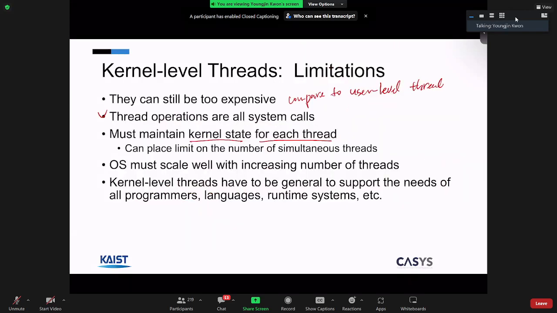Okay, so likewise, like process, we can place a limit on the number of simultaneous threads to execute. Like there's a limitation on the maximum number of processes, likewise, thread also has a maximum number to create. Okay? And the OS must scale well with an increasing number of threads. So the scale we're talking about is in concurrency.